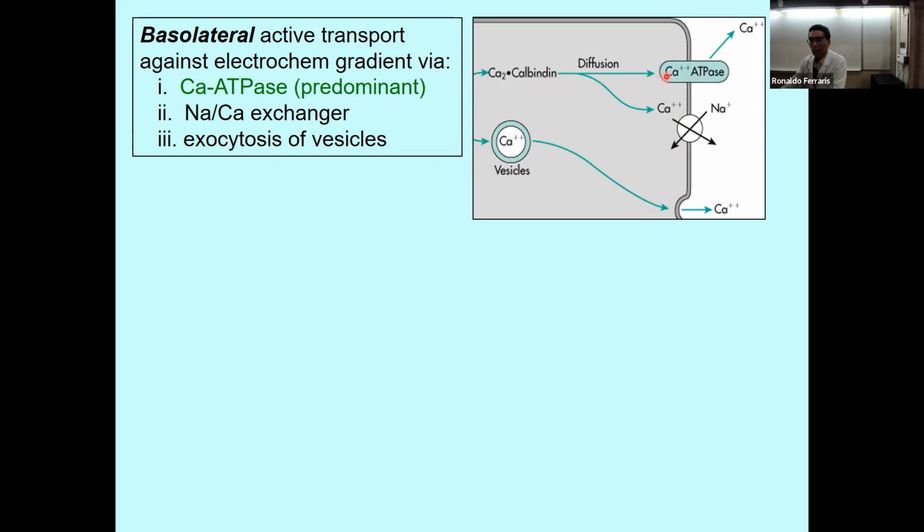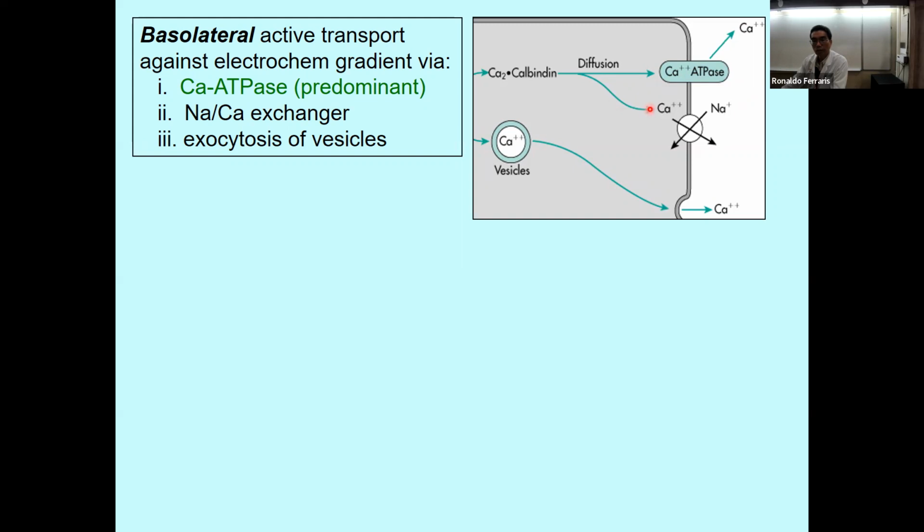Because calcium is an important mineral and because of the enormous uphill electrochemical gradient preventing calcium from going from the cytosol to the blood side, we spend a lot of ATP to transport calcium across the basolateral membrane.